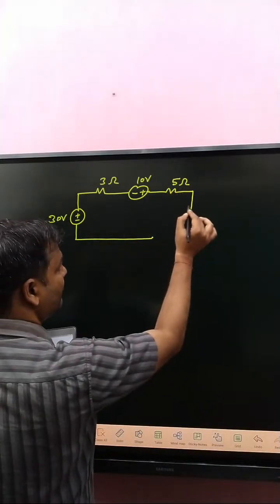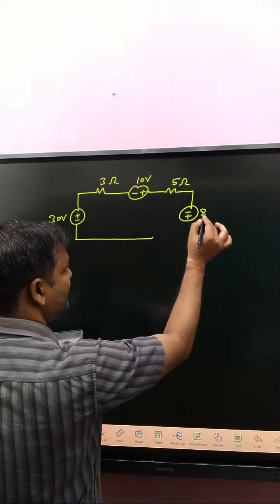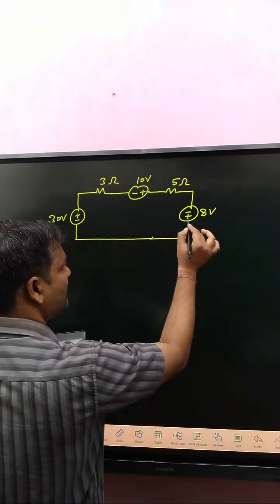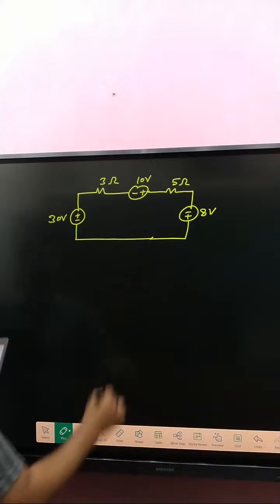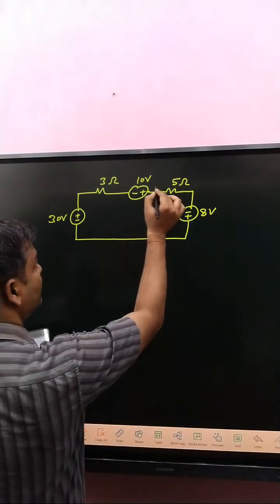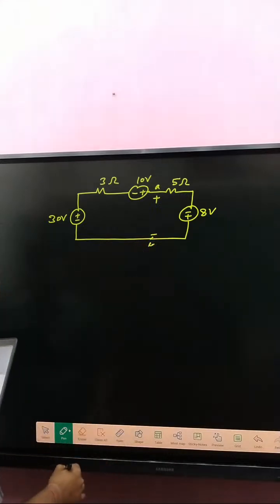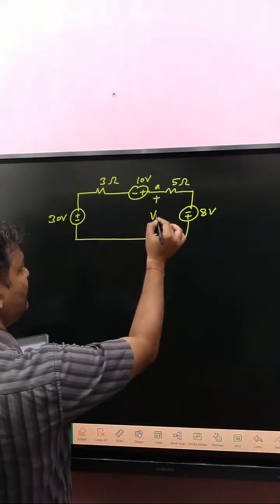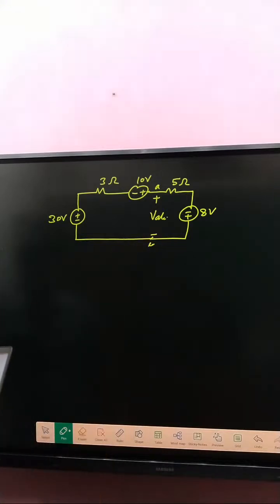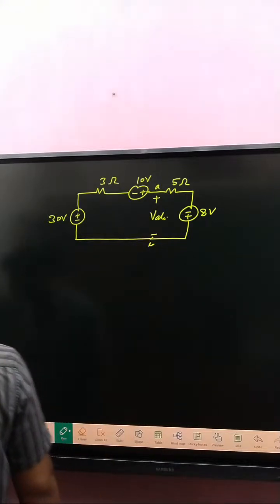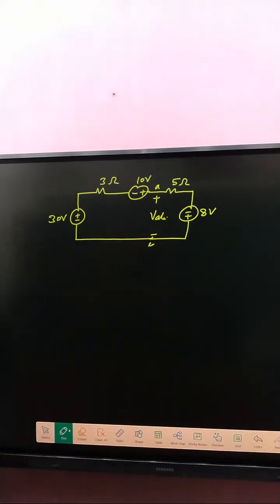And here minus plus, that is 8 volt. Here A terminal, here B terminal, and that is plus minus given. Our motto: determine V of AB.